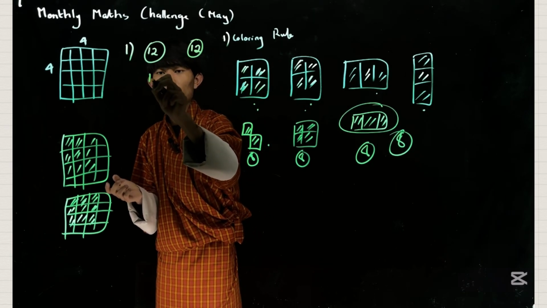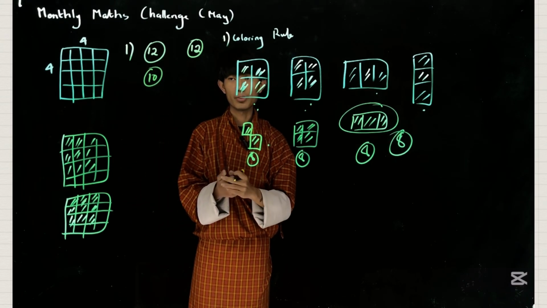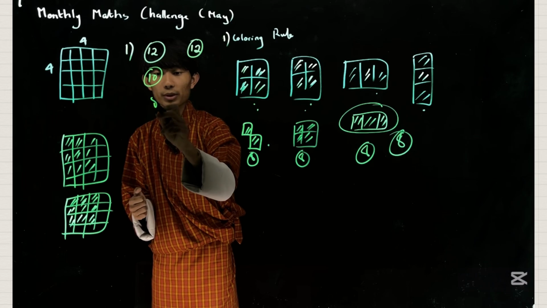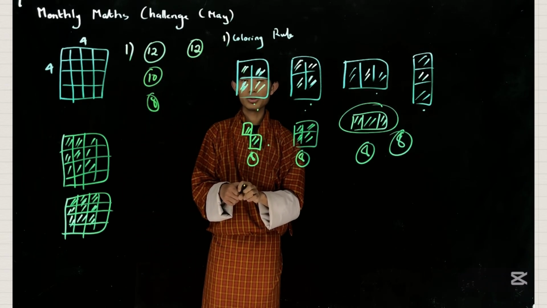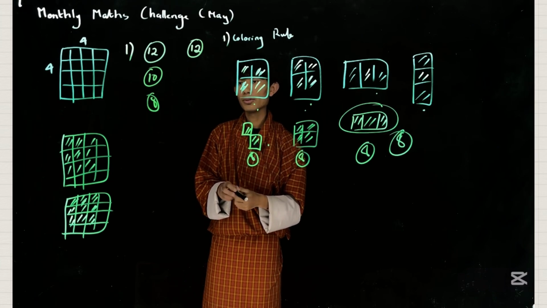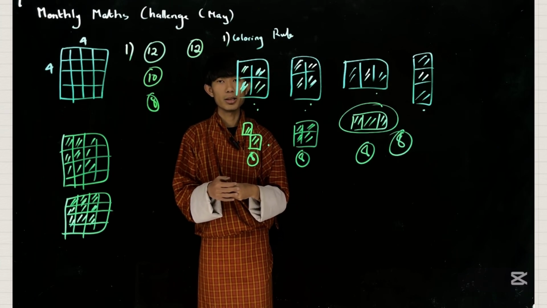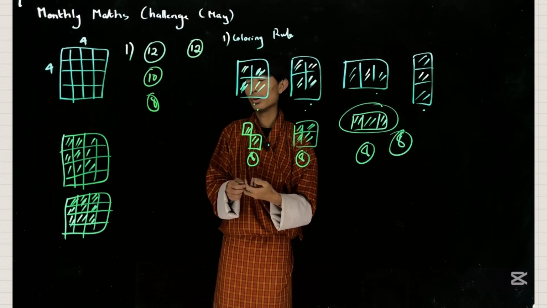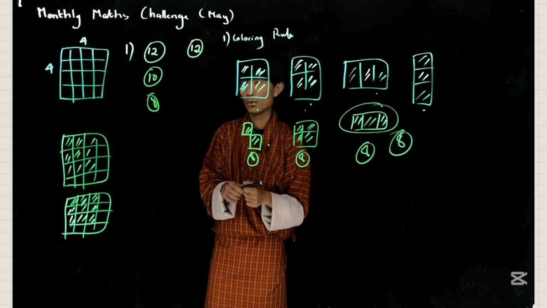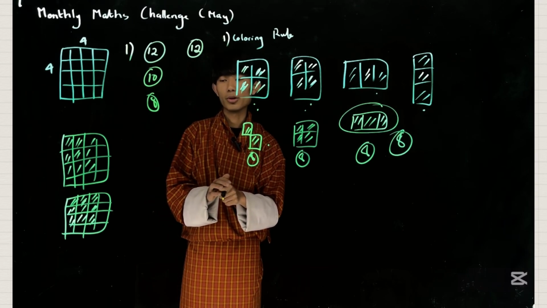Secondly, we can also start off with an initial perimeter of 10 if two grids are joined and one grid is separated, and we can also start off with a perimeter of 8 if all the three grids are joined. So since we are starting off with 12, 10, and 8, and since we have an invariance, that is the perimeter, we can't color the whole 4x4 grid, because the whole 4x4 grid has a total perimeter of 16.